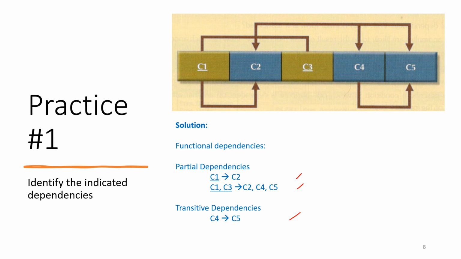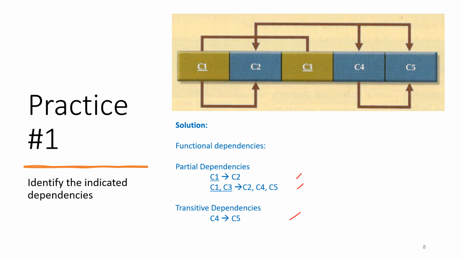So remember, we practice first, second, and third normal form. The idea is to normalize the table database structure. The first step is to define the functional dependencies, and after finding them, you need to identify whether it is a partial dependency or a transitive dependency.